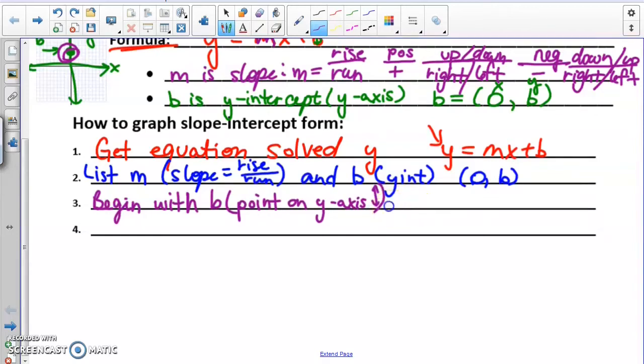And then we use our slope, so use m from that point, the point of b, which is 0 and then b. Our very last step is to remember to make a long line with arrows on each end.